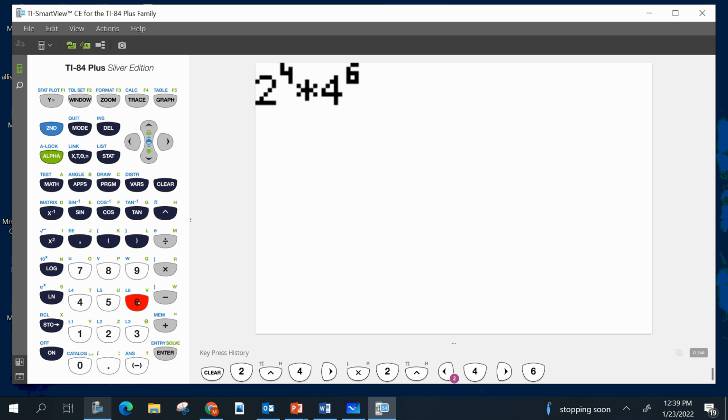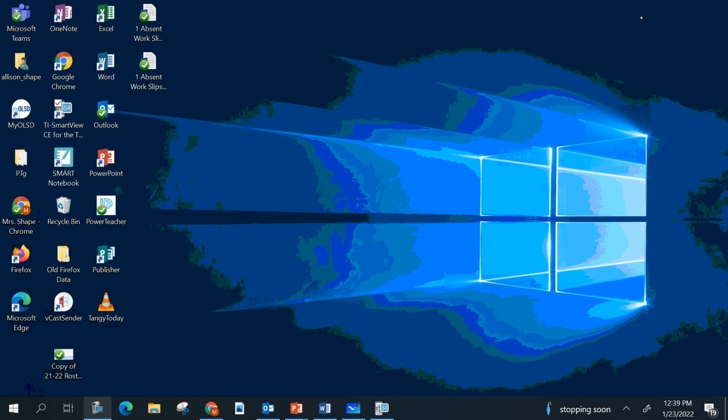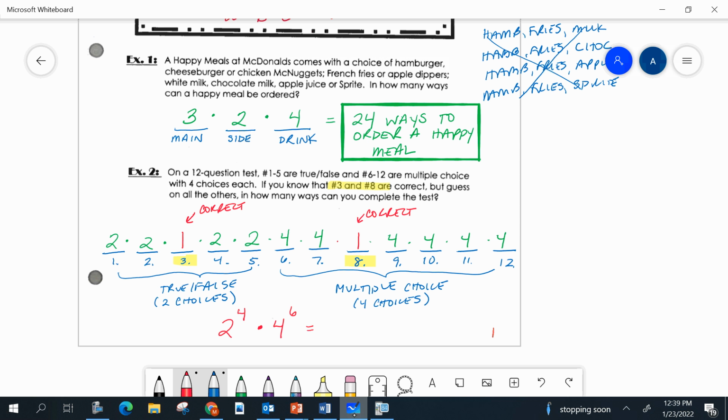And this is a nice way to type it so you don't have to write it all out. And what we get is 65,536. So let's come back to over here. And so what we can say is there is 65,536 ways to answer this test. Well, if nothing else, I think that mathematically proves why we shouldn't guess on a test.